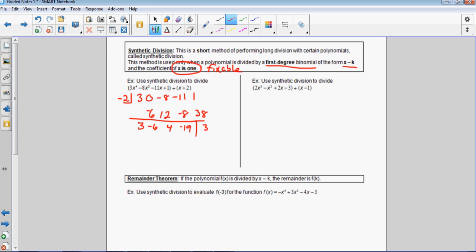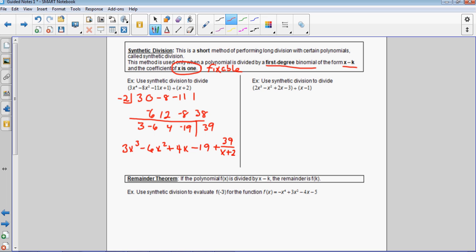And this last number gets separated because it's special, it's the remainder. So when you divide a 4th degree polynomial by a 1st degree polynomial, we lose exactly 1 degree. So your answer is going to be 3x cubed minus 6x squared plus 4x minus 19, and then you want to write your remainder as a fraction over the divisor, which was x plus 2.